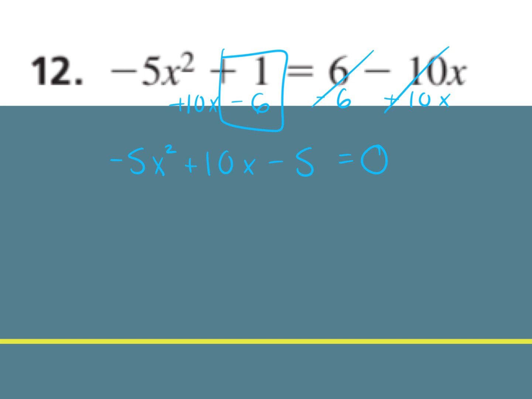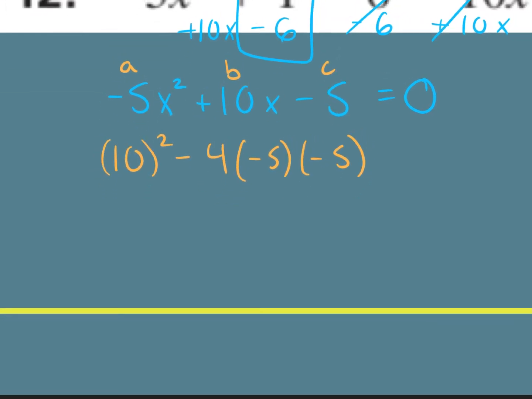So what's my a? Negative 5. What's my b? 10. And what's my c? Negative 5. So let's plug everything in. What's my formula? 10 squared minus 4 times negative 5 times negative 5.